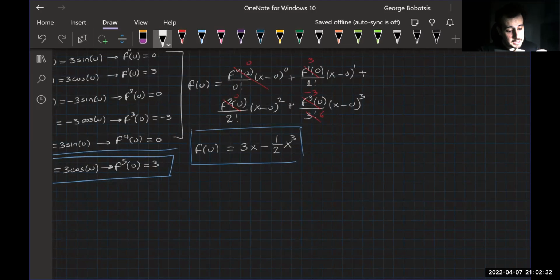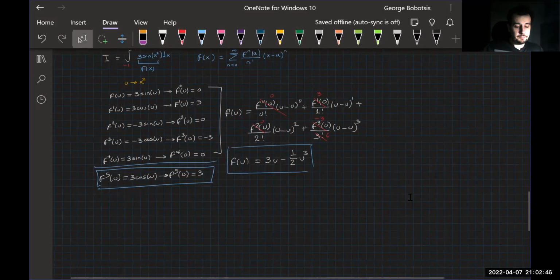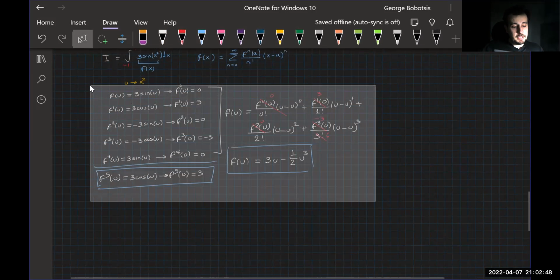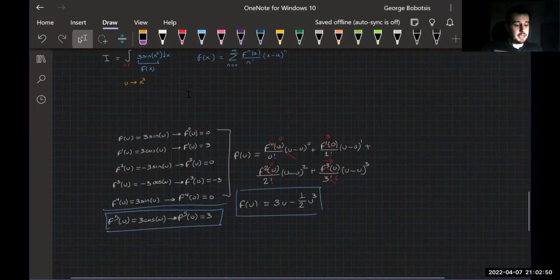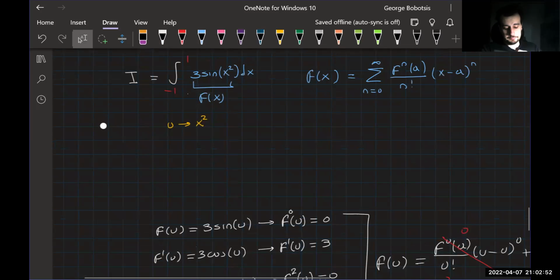And why have I used x's instead of u's is because I'm not really being careful. These are all u's. There we go. All right. So, okay. Making the substitution that u goes to x squared, okay?